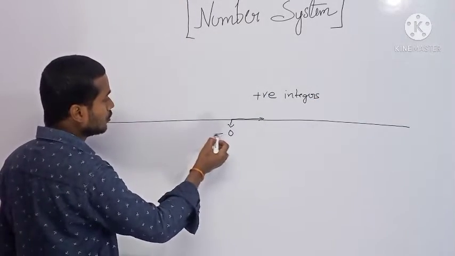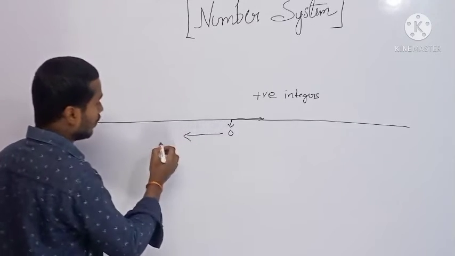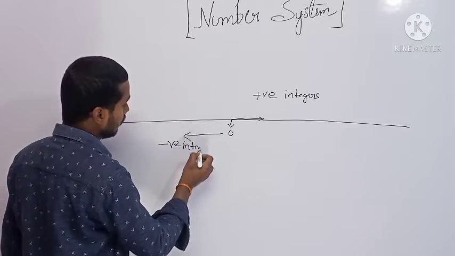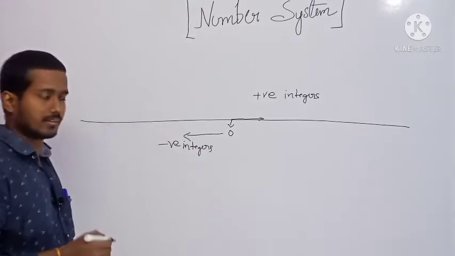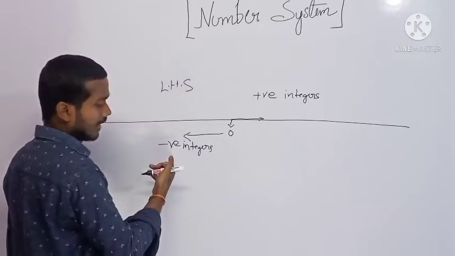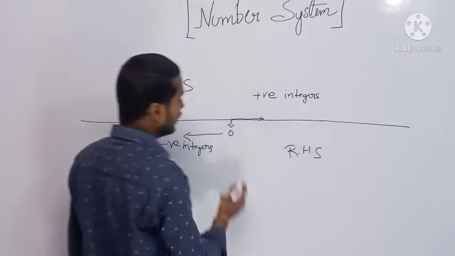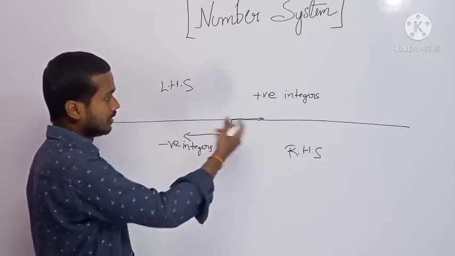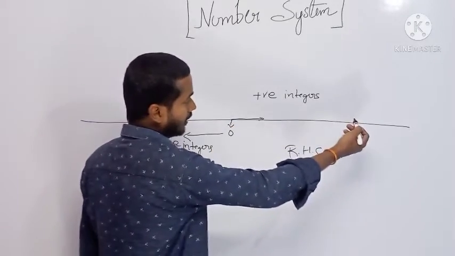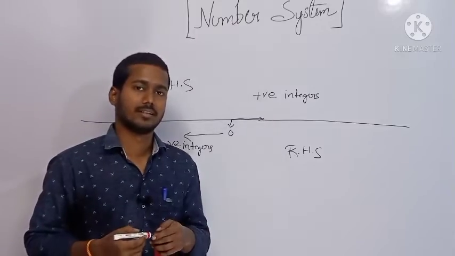And if we move towards the left hand side from the 0, we get all negative integers, right? Moving towards the left hand side, we get negative integers, and moving towards the right hand side from the origin, we get all positive integers, right?